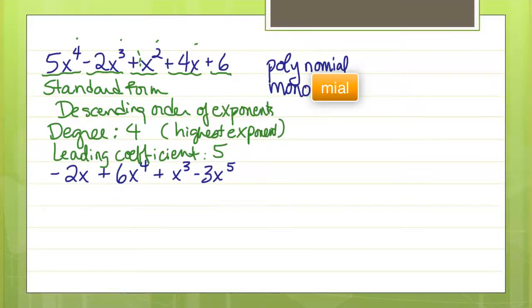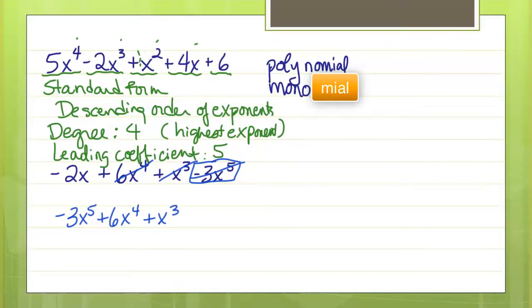If we look at the next one, it's not in standard form. So in order to put it in standard form, we're going to have to do some work. So I'm going to look for the biggest exponent. There's the biggest exponent. And so that's going to come first. And so I'm going to just cross these out as I go. Now this one is missing terms. It doesn't have to have every one.